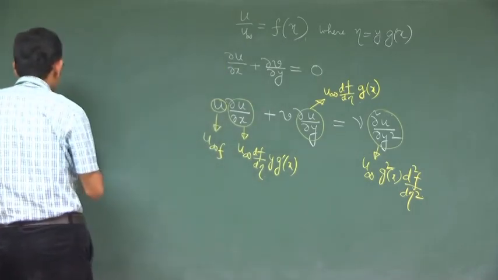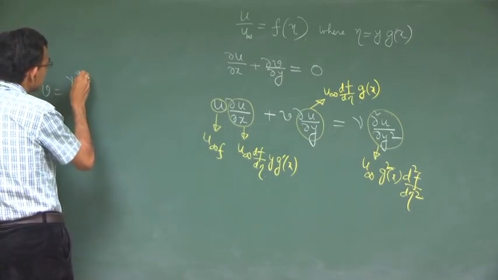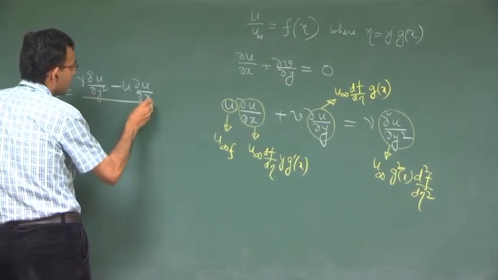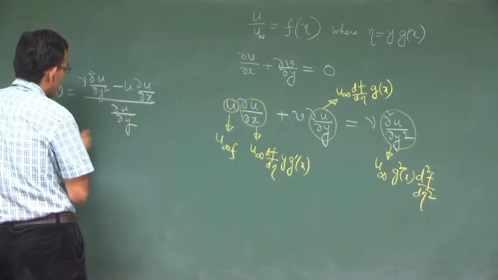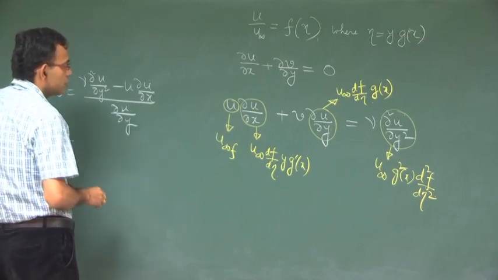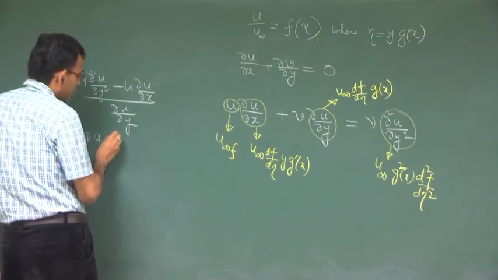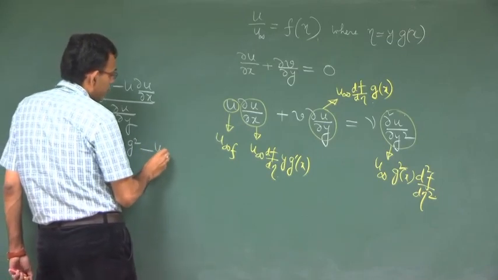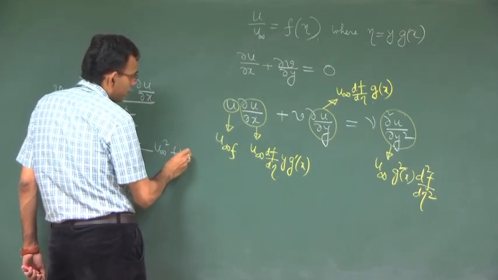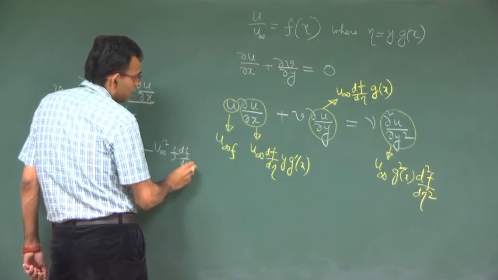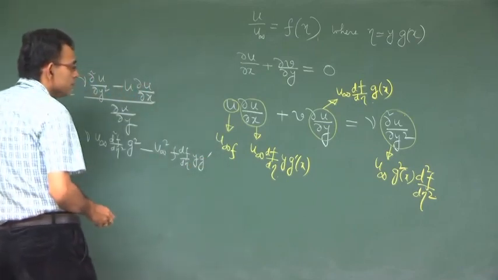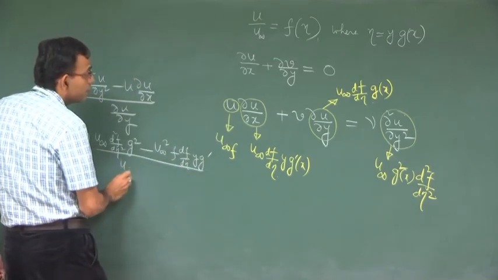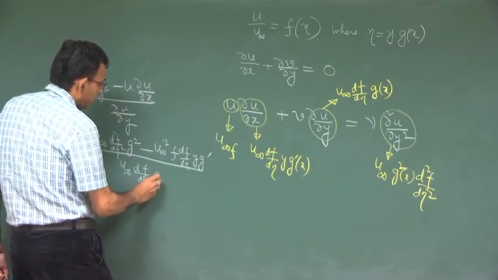So, let us write what is v from here. So, v is nu u infinity d2f d eta 2 into g square minus u infinity square f df d eta y g dash, divided by u infinity df d eta into g, right.